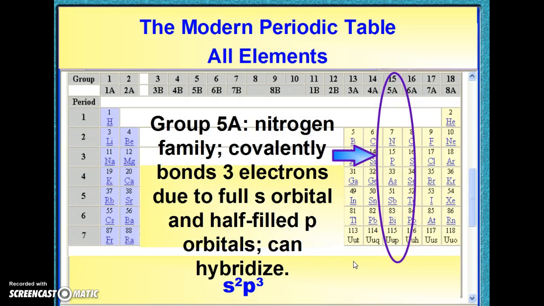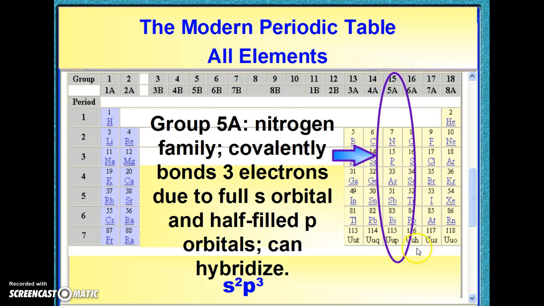In group 5A, the nitrogen family, we have covalently bonded atoms, and there are 3 electrons that can be shared, because none of the p orbitals are completely empty.